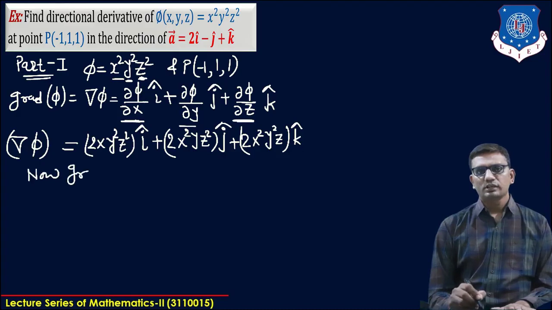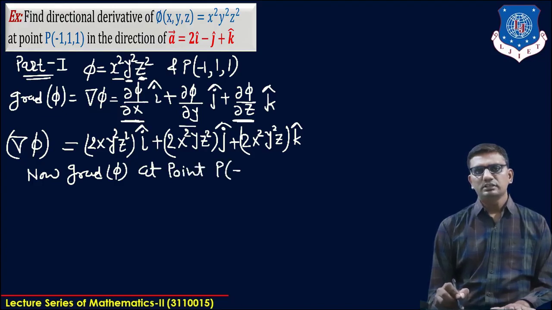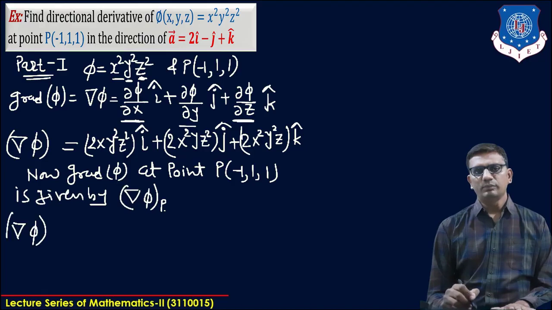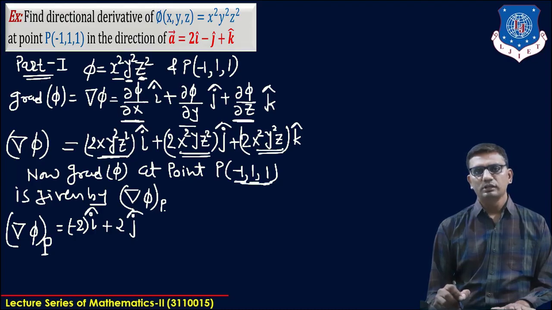Now the gradient of phi at point P equal to minus 1, 1, 1 is given by del phi at point P equal to, after calculating, the first component is minus 2 i caret, the second component is plus 2 j caret, and the third component is also plus 2 k caret.